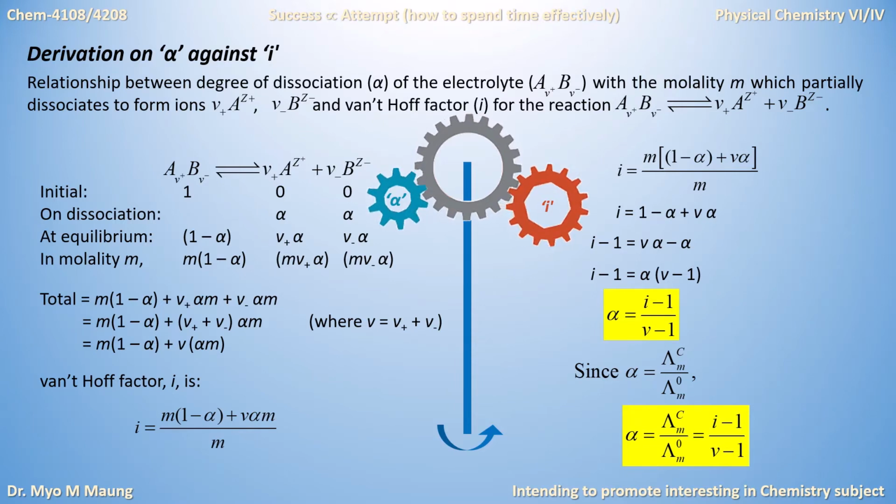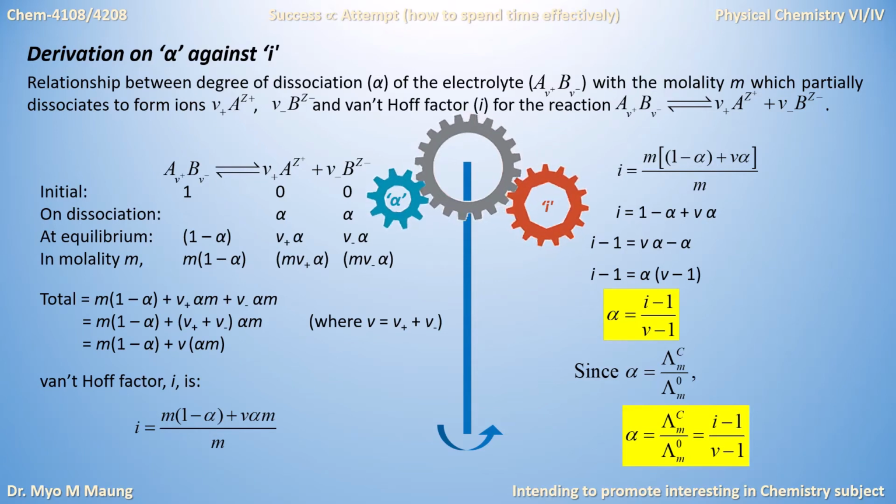of electrolyte AB dissociated into ions A^z+ and B^z-. At the equilibrium state, the electrolyte AB has been reduced to 1 minus alpha, and the positive ion A^z+ and negative ion B^z- have become ν plus alpha and ν minus alpha, respectively. For molality m, it becomes m(1 minus alpha) for electrolyte AB, m ν plus alpha for the positive ion, and m ν minus alpha for the negative ion.